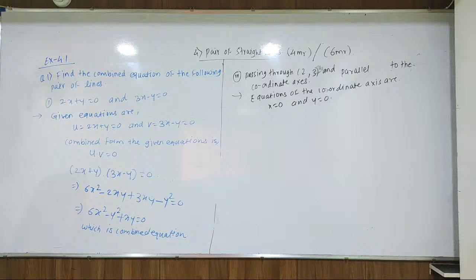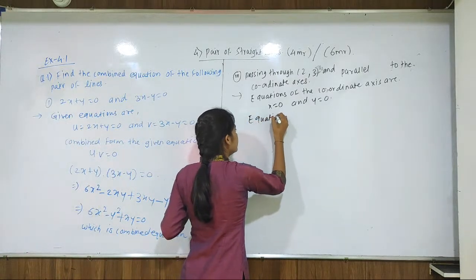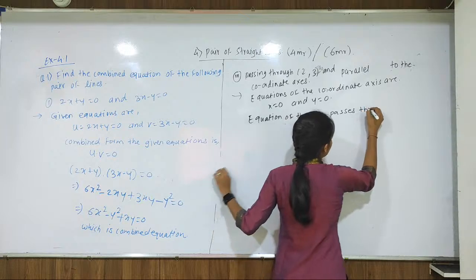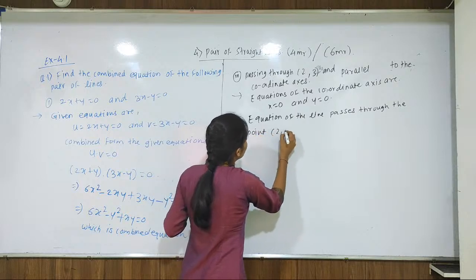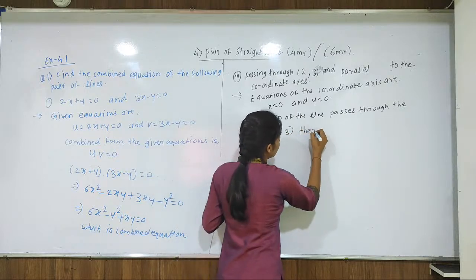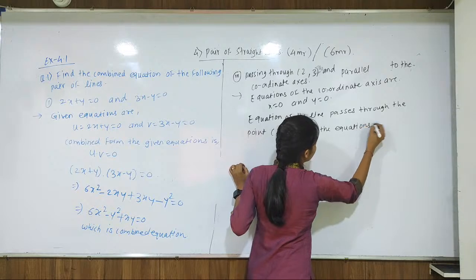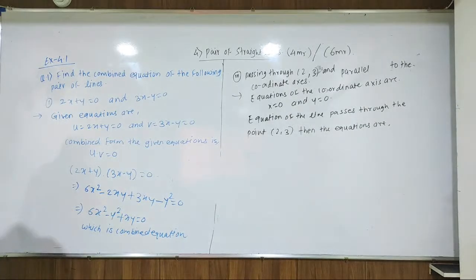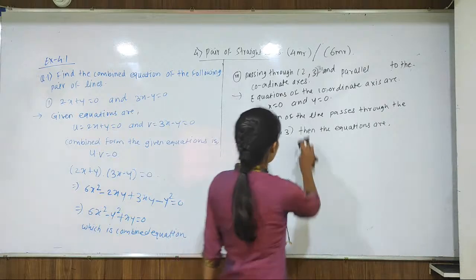Now what is given? The equation of the line passes through the point 2, 3, and what is also given?